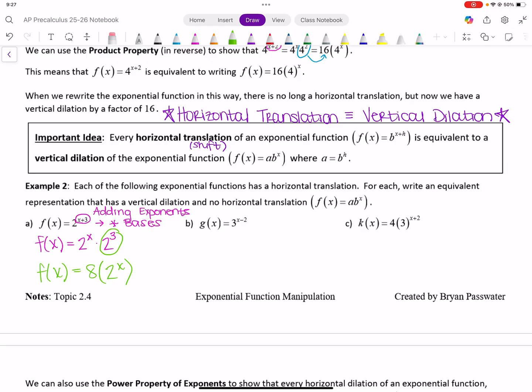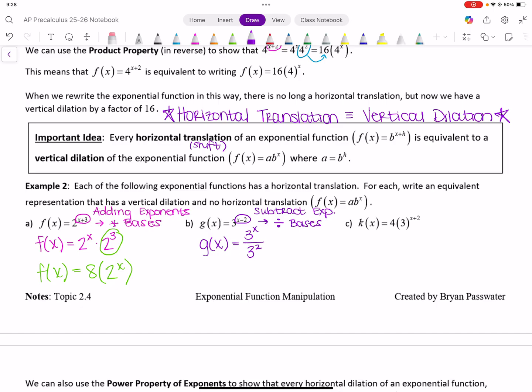Then example B, here we are subtracting our exponents. So when we are subtracting, that means we are dividing our bases. So that means g of x becomes 3 to the x power divided by 3 squared.